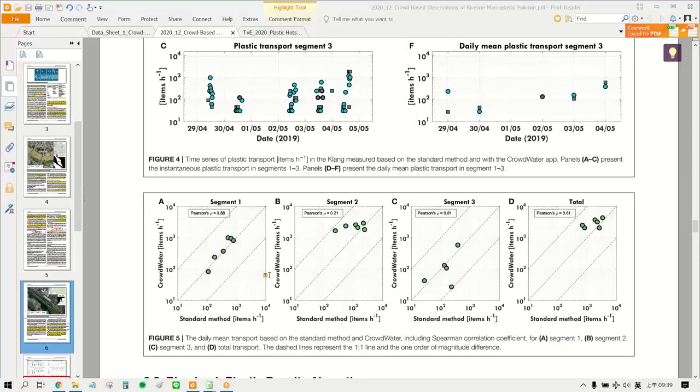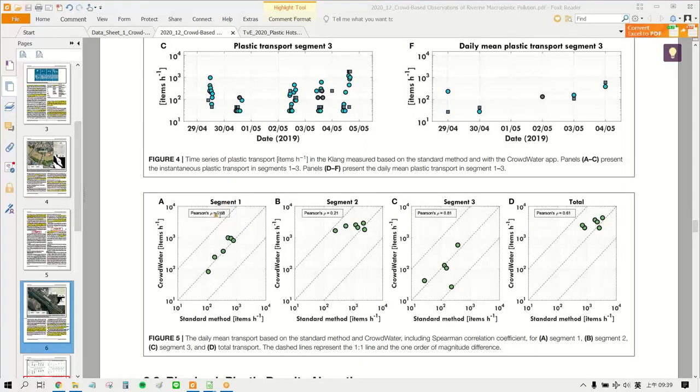it's kind of the correlation between these 2 methods. So compared to these 2 methods by different segment on this bridge or on this river. So in segment 1, the correlation coefficient is the highest.